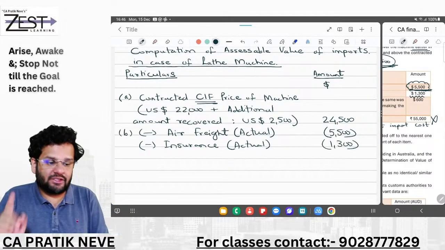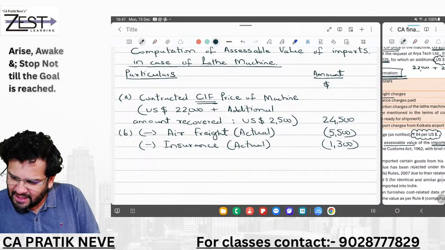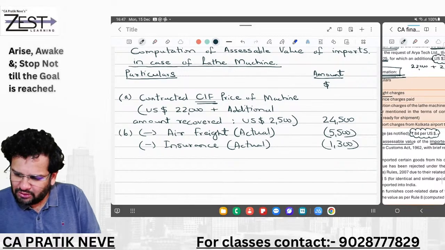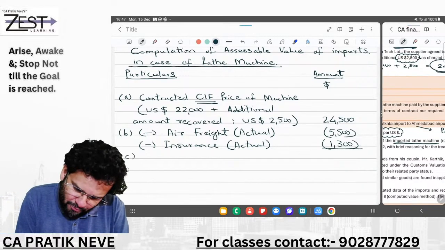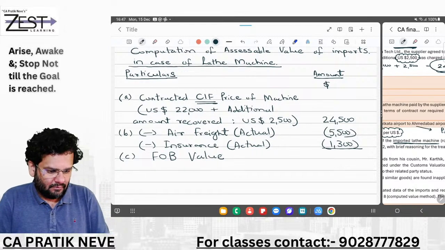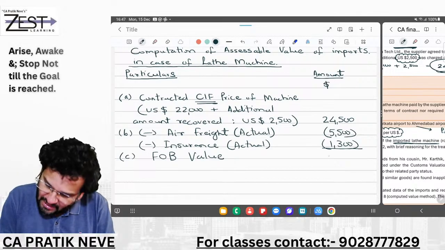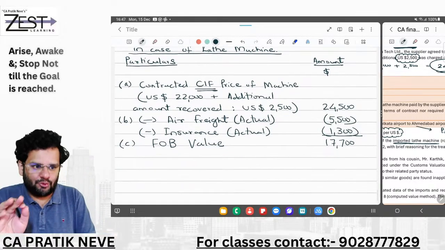Ideally I should do this. So I will minus both the things and I will get the FOB value of goods. So what is my FOB value? 24,500 minus 5,500 minus 1,300, 17,700 will be the FOB value.